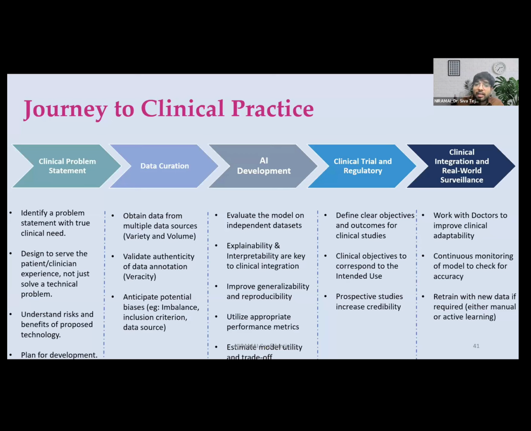And as Dr. Geeta mentioned, explainability and interpretability are key to clinical integration. You need to start during AI development itself, thinking about how to make the models explainable and interpretable. Many times we see that people try to get some accuracies and then try to explain the results afterward, but that will not directly work.